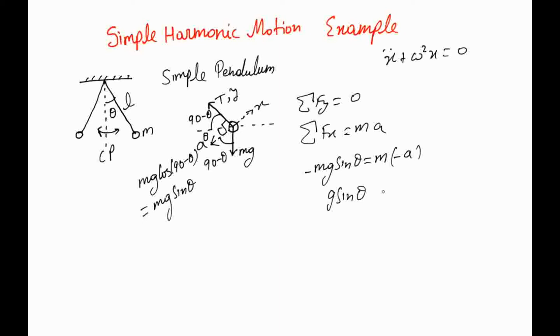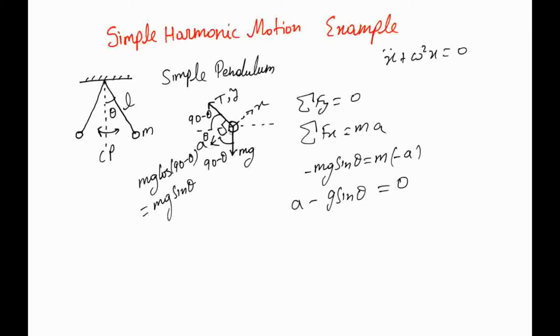Am I making a mistake here? No, g sine theta minus ma equals 0. Well, sorry, you can write it as a minus g sine theta equals 0. It was not really required, but anyway, let's write it like that.